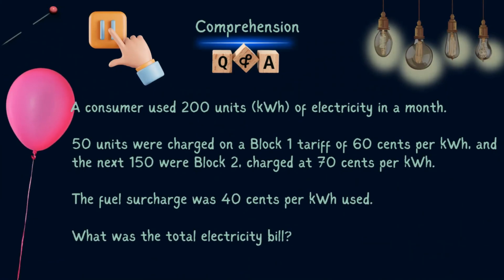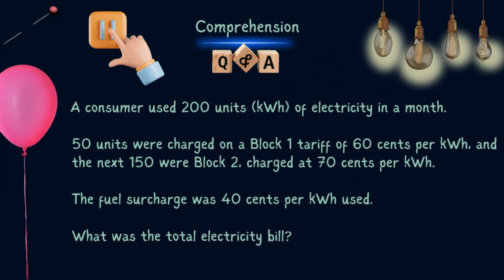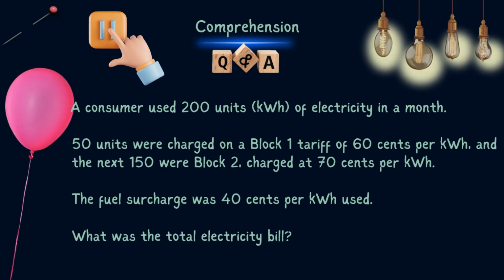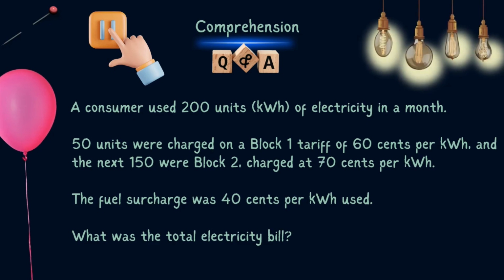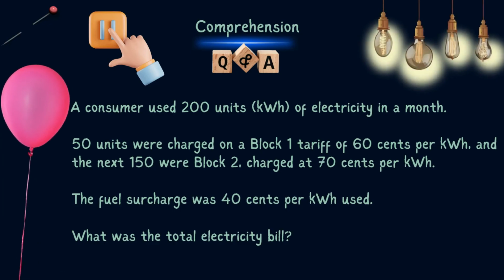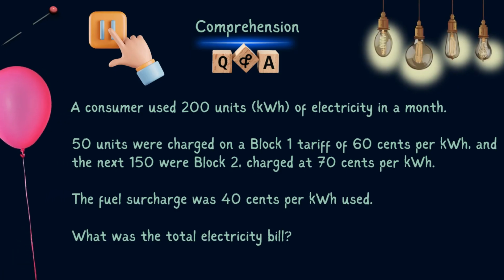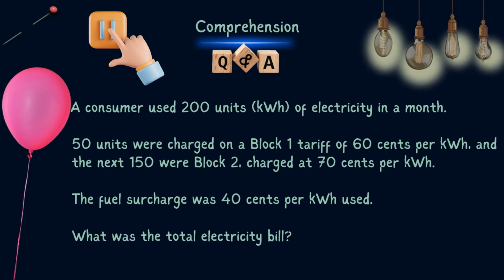A consumer used 200 units or kilowatt hours of electricity in a month. 50 units were charged on a Block 1 tariff of 60 cents per kilowatt hours, and the next 150 were Block 2 charged at 70 cents per kilowatt hours. The fuel surcharge was 40 cents per kilowatt hour used.